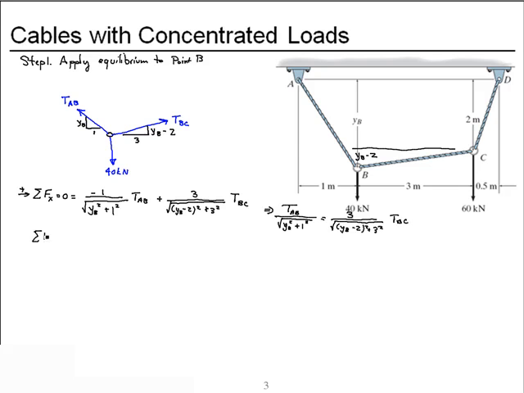Now let's apply vertical equilibrium. We'll choose up as positive for our summation. We have the vertical piece of the tension in AB.